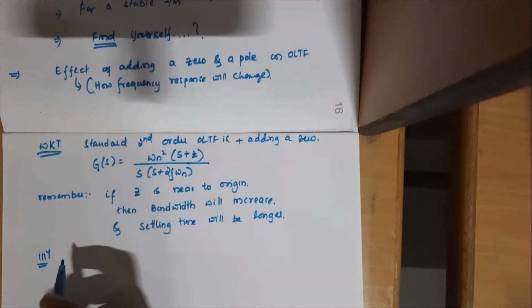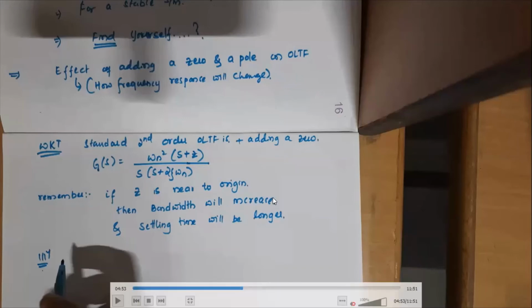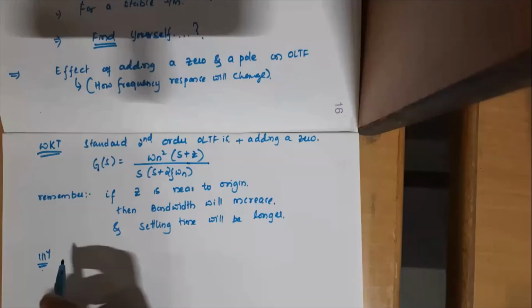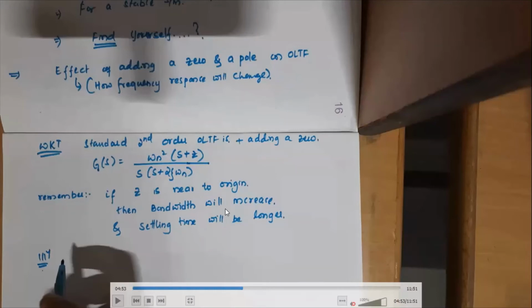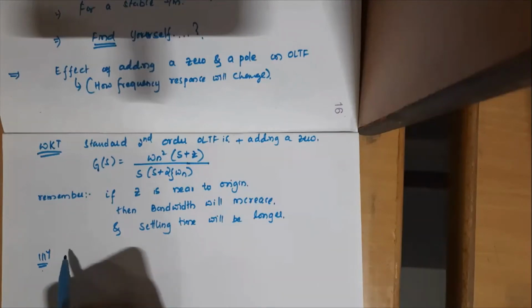Please make a correction later. If we add a zero, it will increase the bandwidth. Please remember, if we add a zero, it will increase the bandwidth. But if we add a zero nearer to origin, then settling time will be longer. The first sentence is only about adding a zero. The second sentence is about adding a zero at origin. So please correct it later. Sorry for that.